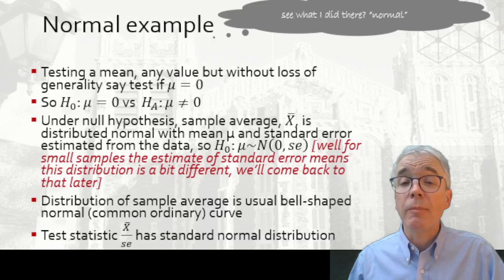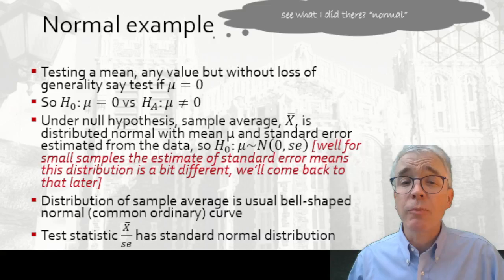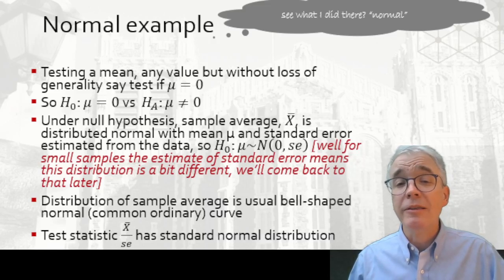Now, for small samples, we have to correct for the fact that we're estimating the standard error. We'll come back to that later, talk about the t-distribution. But for now, take it as a decent approximation. The sample average is going to have our usual bell-shaped normal distribution around the true value under the null hypothesis. That's part of why the normal distribution is called normal.